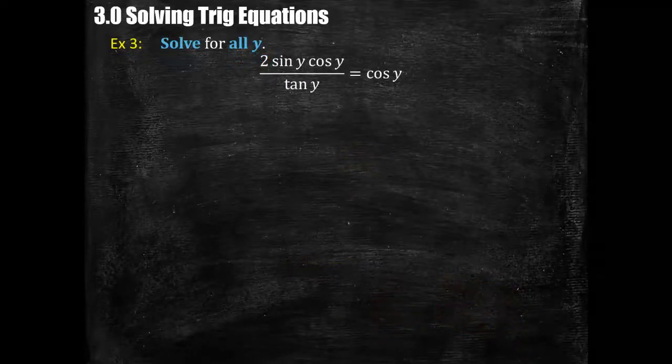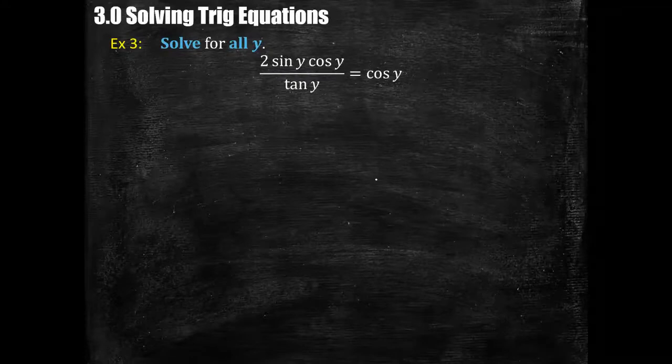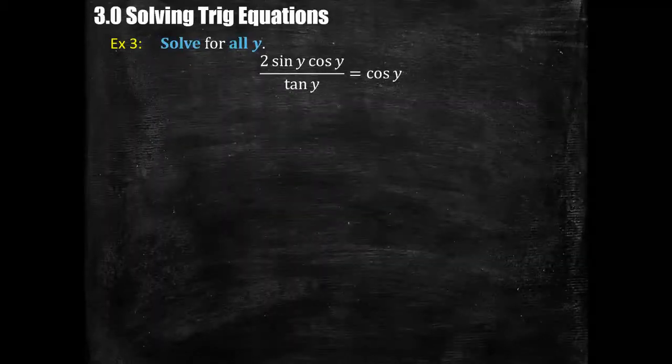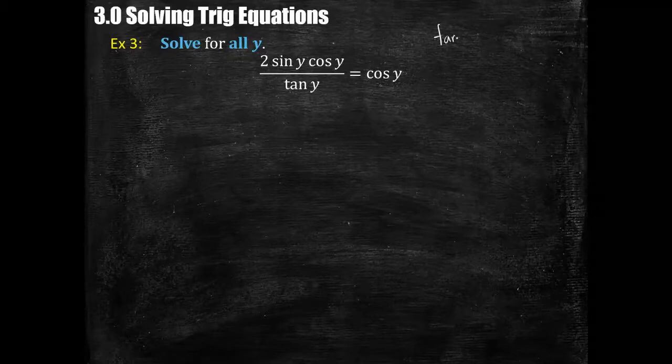What about this one right here? So here we're going to be solving for all y. Okay, so let's start off and let's just remember that in 2 sine y cosine y over tangent y, you can't divide by 0. So let's figure out where tangent of y is equal to 0.